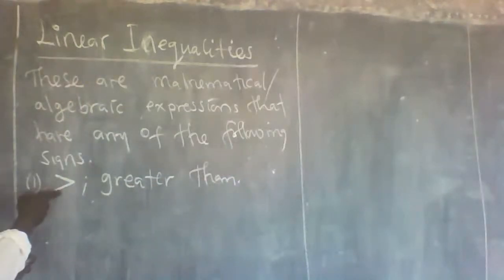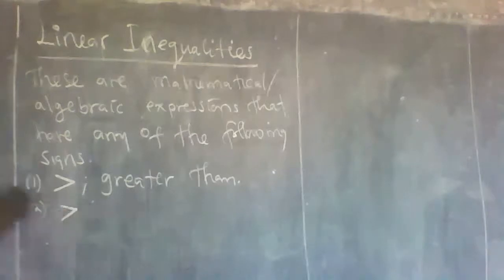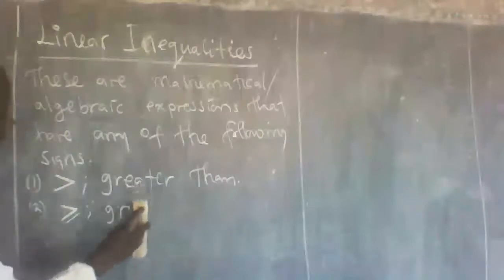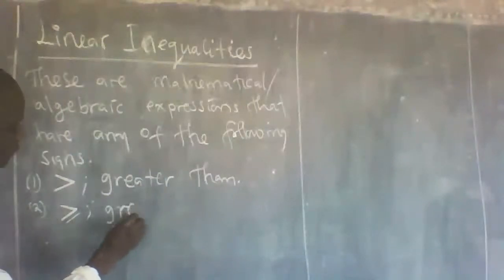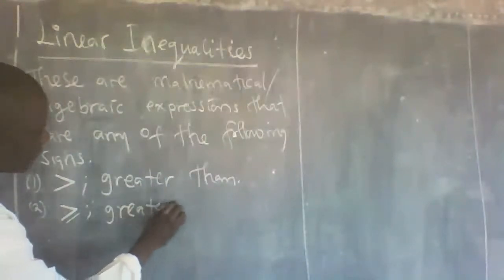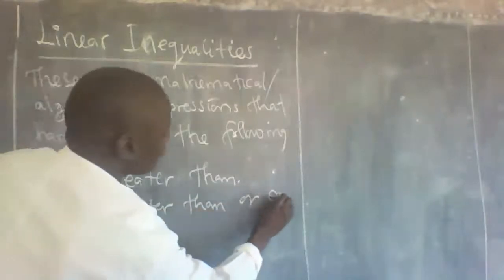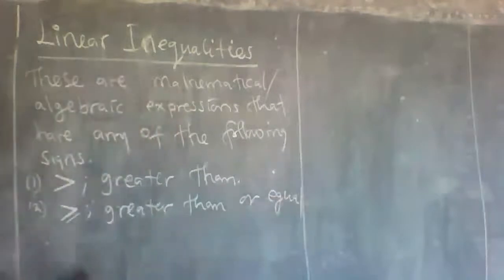Now, if this is a greater than, then we also have another one which looks slightly similar, but it has another line drawn beneath it, and this one is called greater than or equal to.